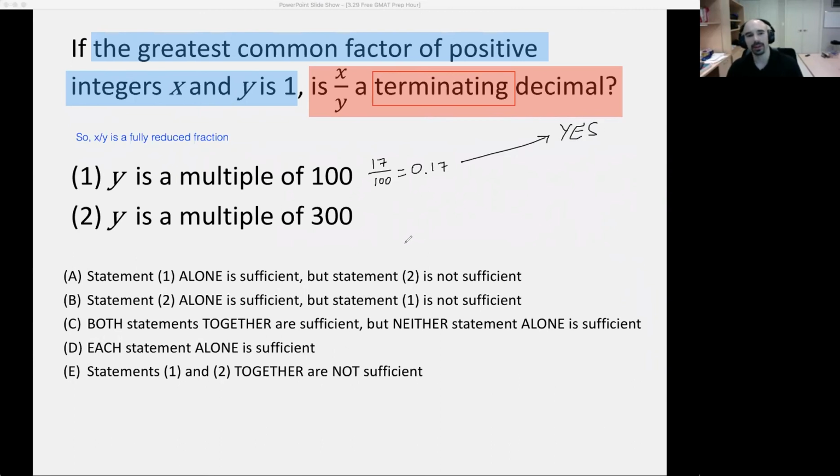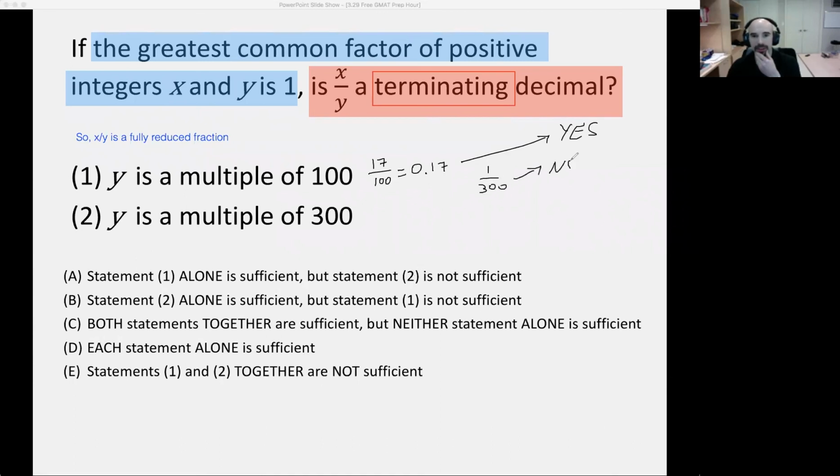So that's a yes to the question. Can we get a no? One over 1100, that would give us a no. So that would work. Also, 1 over 300.